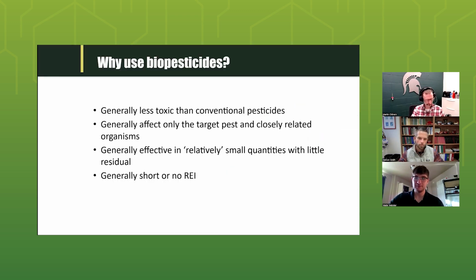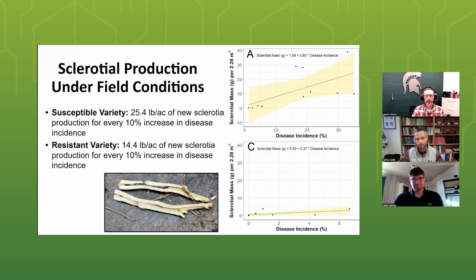Any questions or comments on the sclerotia production, guys? It's an important long-term strategy, right? To try and reduce that sclerotial load. Yeah, and as we think about return on investment, this is certainly something to consider, and it's hard to put numbers to that, right?